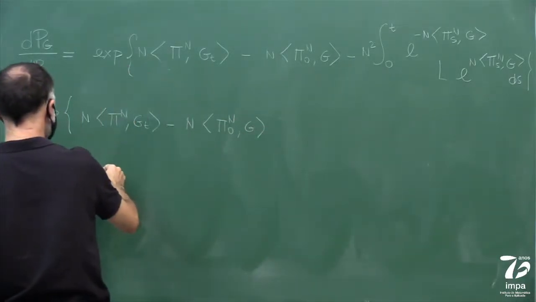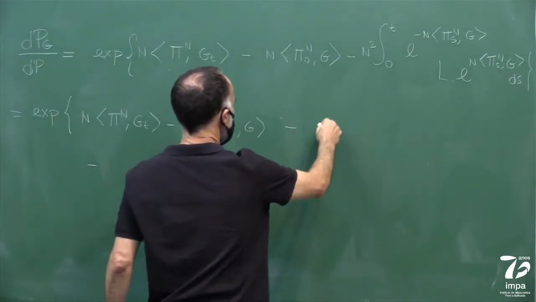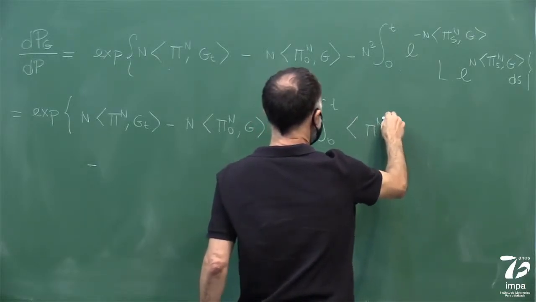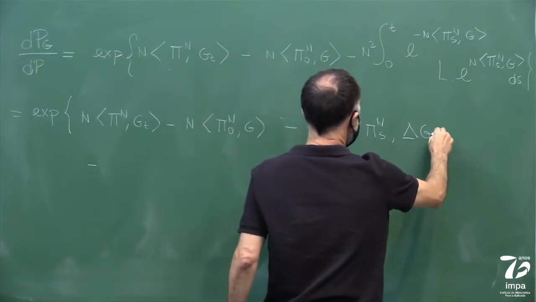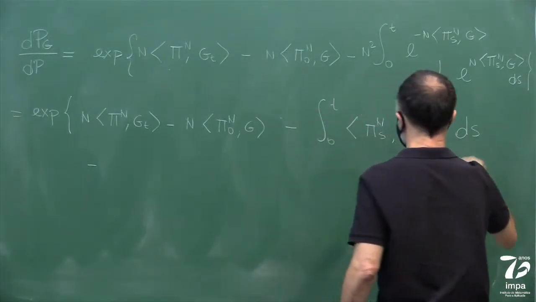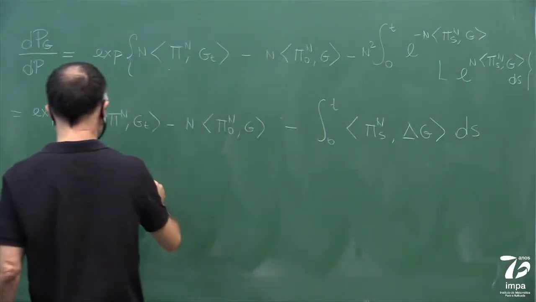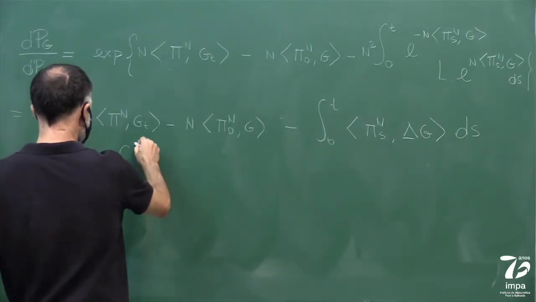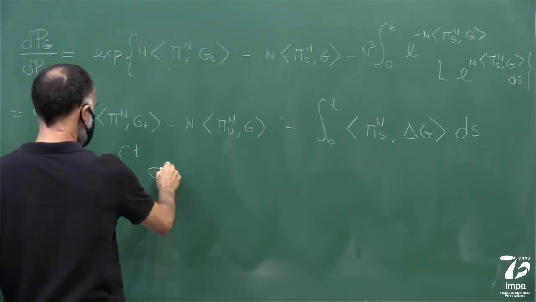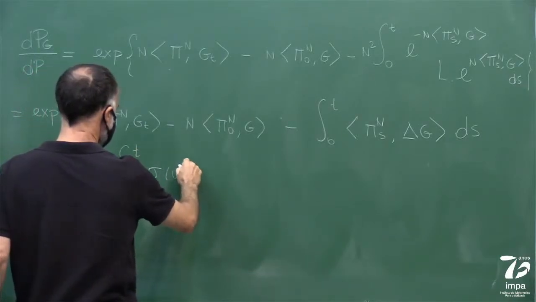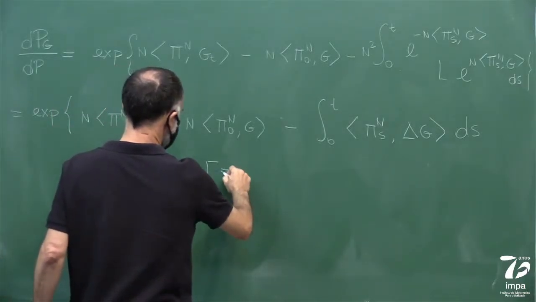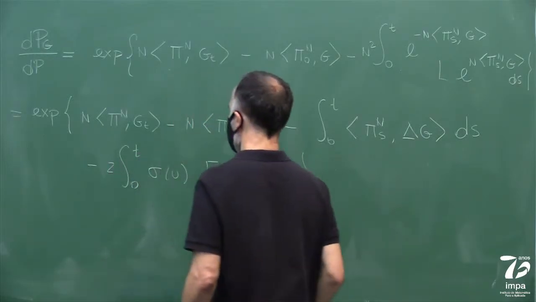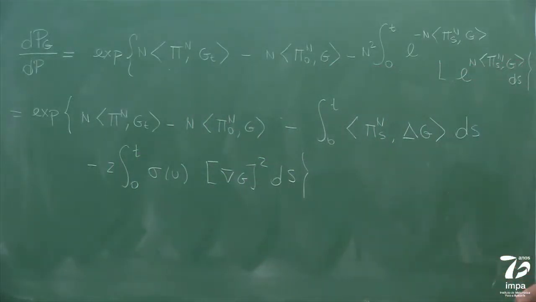And here, after a long computation, this was minus the integral from 0 to t of pi n s Laplacian of g ds, and minus, maybe I had a 2, yes, I think I had a 2, sigma of u, gradient g squared ds. Plus some errors, but which were small.